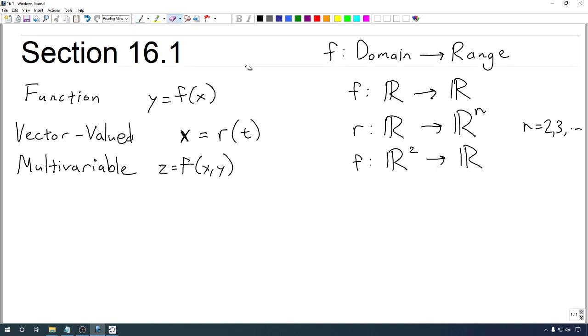Again, we can even generalize this a little bit, and instead of saying R2, we could say Rn, where n could be 2, 3, or even higher. In general, we could actually look at functions of the form Rm to Rn. That would be the broadest that we would talk about in a calculus kind of situation.